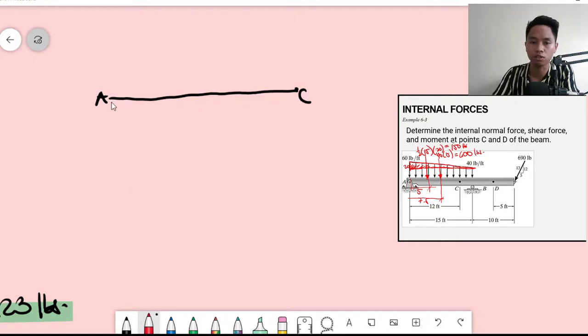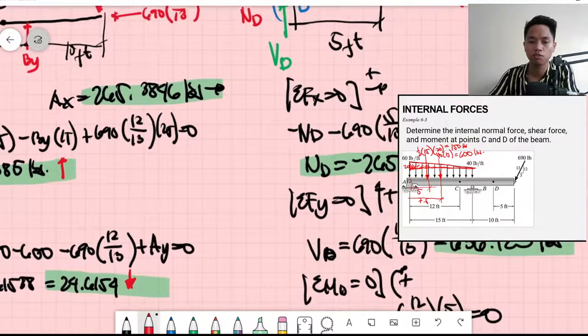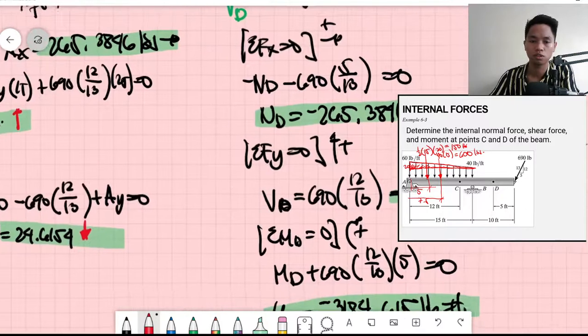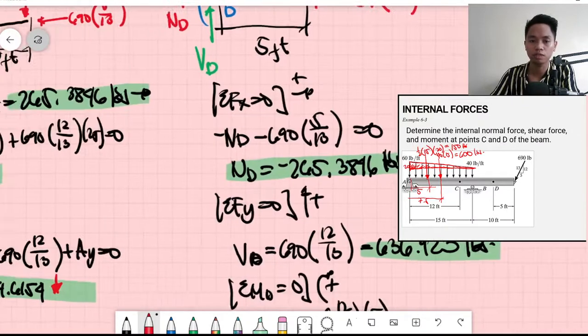I have here the reaction. Downward reaction, which is, what is the downward reaction? 24.6154. And we have this AX. What is our AX direction?